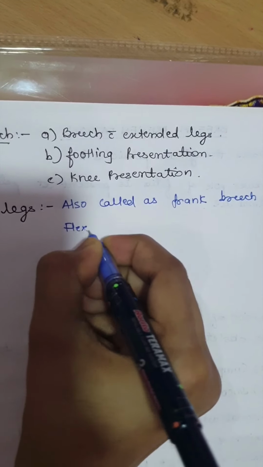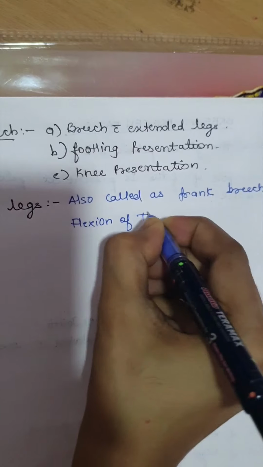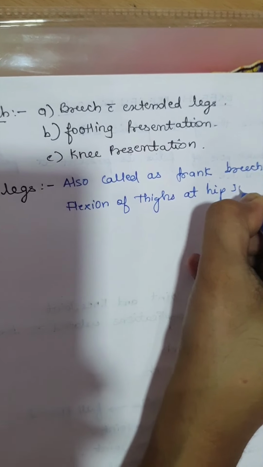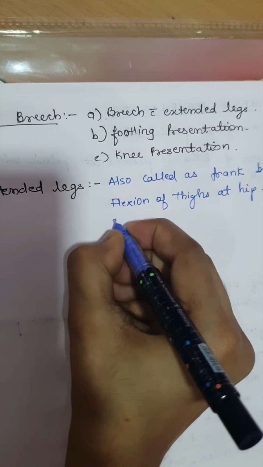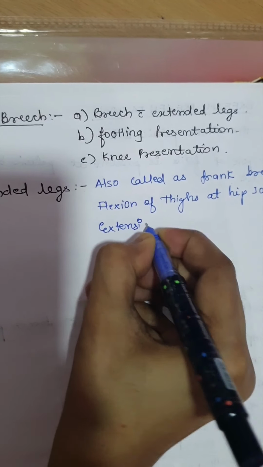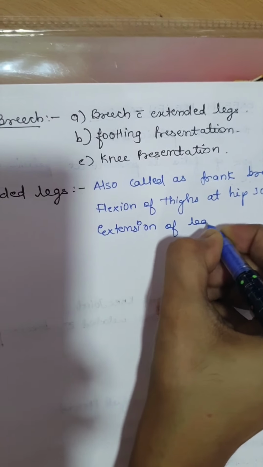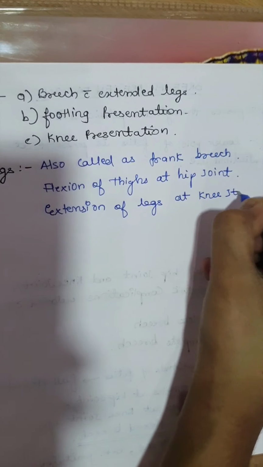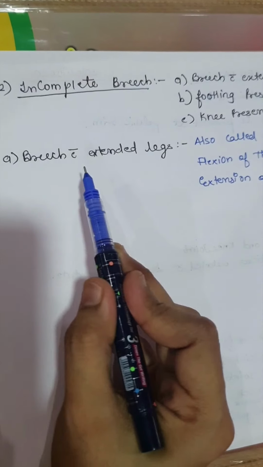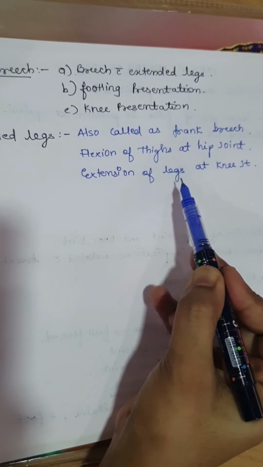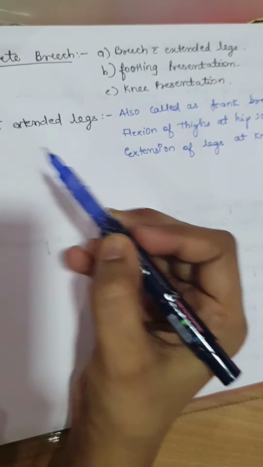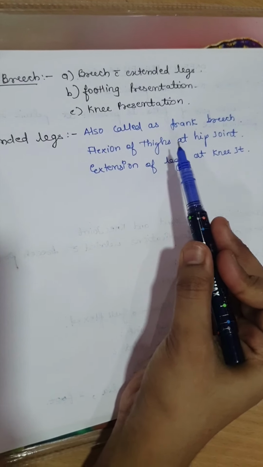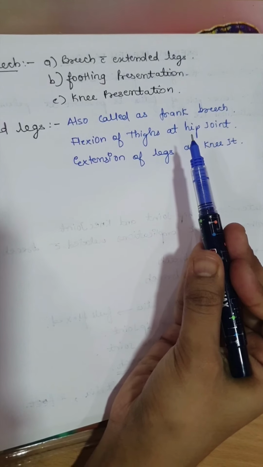So there is flexion of thighs at the hip joint, but there is extension of legs at the knee joint. Hence it is called breech with extended legs. As there is extension of legs at the knee joint, the name itself suggests what is extended.